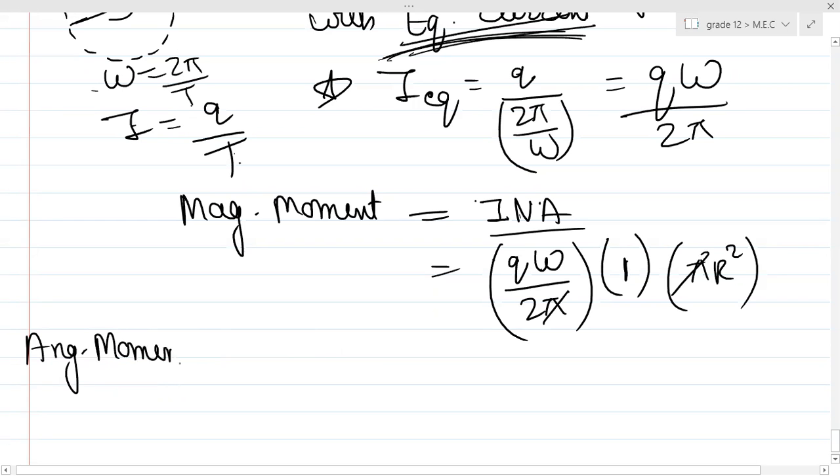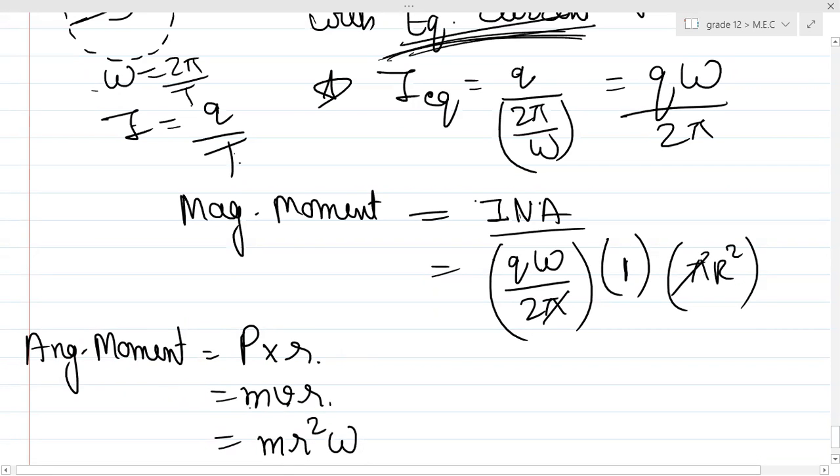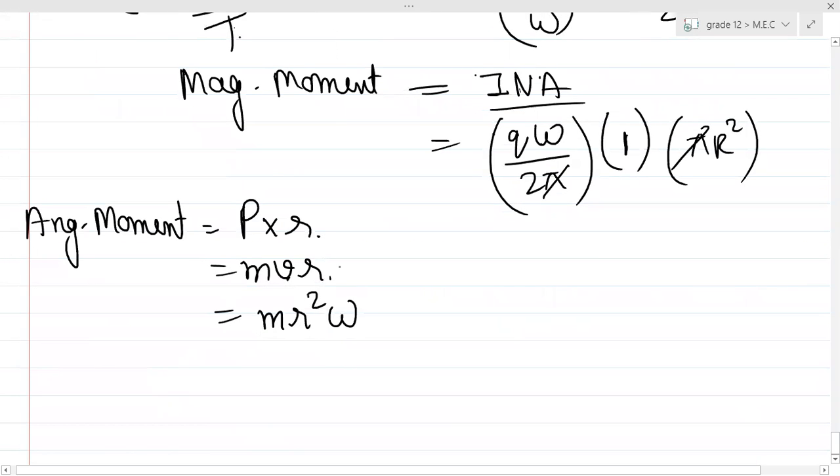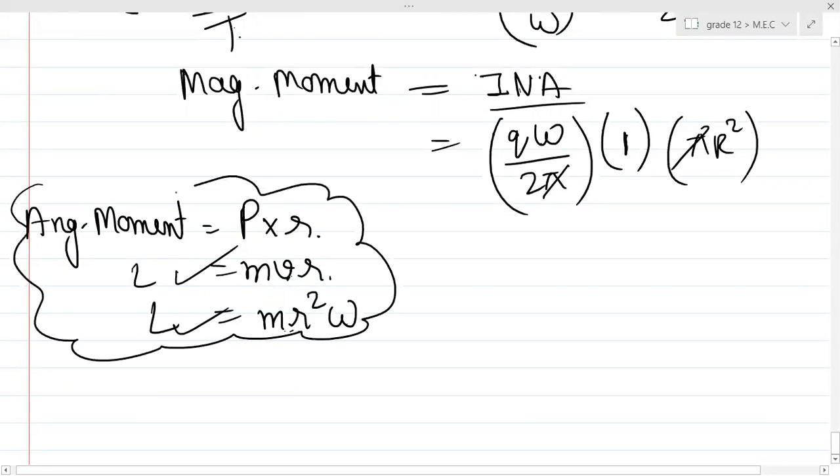Angular momentum is basically momentum multiplied by r. So that is m into v into r. V can be written as r omega. So it will be m r square omega. Is this clear? If velocity and radius are given, you use m v r. If radius and angular velocity are given, then you use m r square omega. This is your angular momentum.